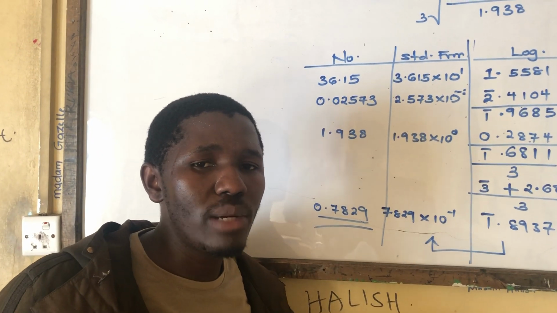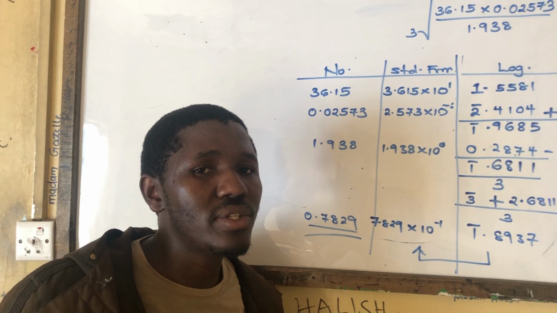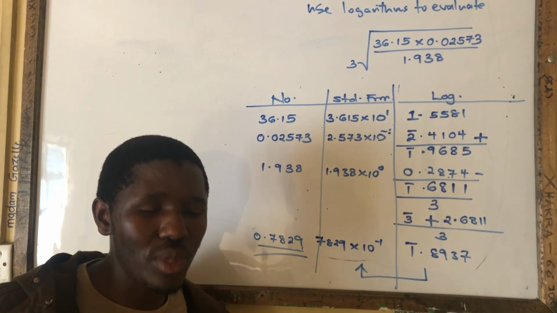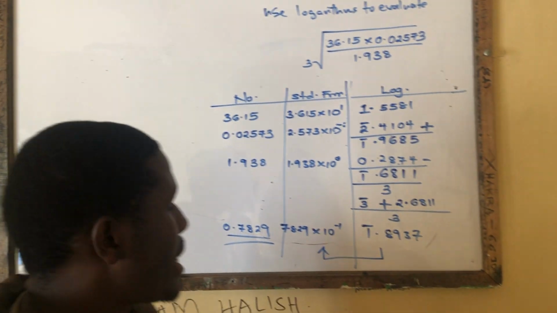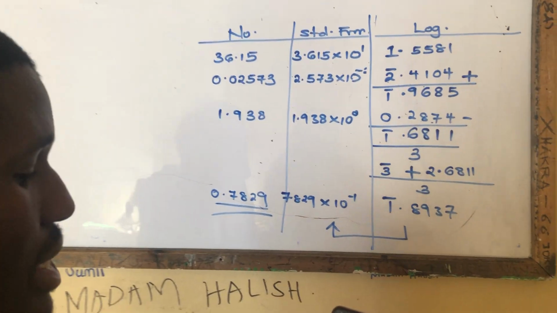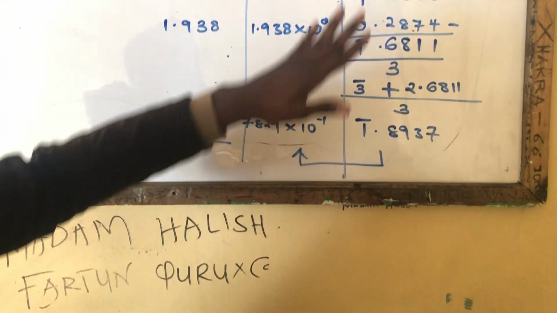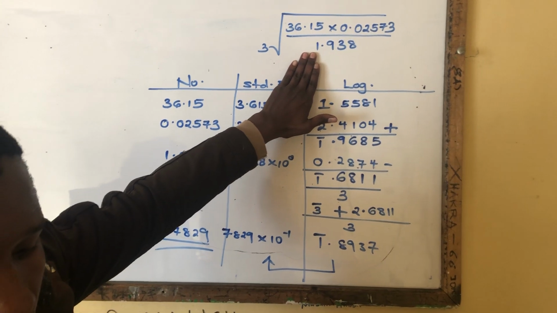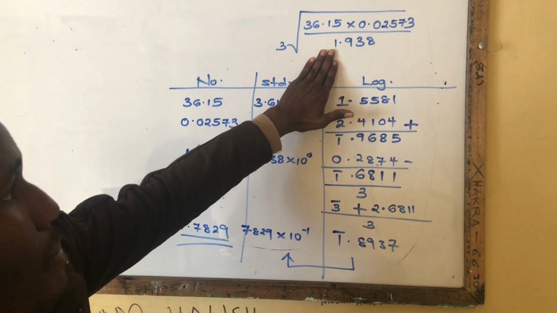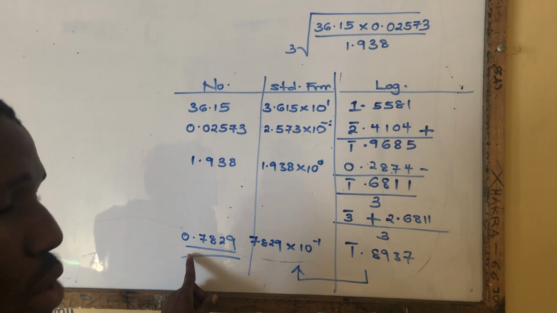I'm taking you through one more example, just in case there could be any part which is not clear to the student. It is a good idea that upon finishing this, if time can allow, test your answer to see if it gives you the same answer you are presenting.